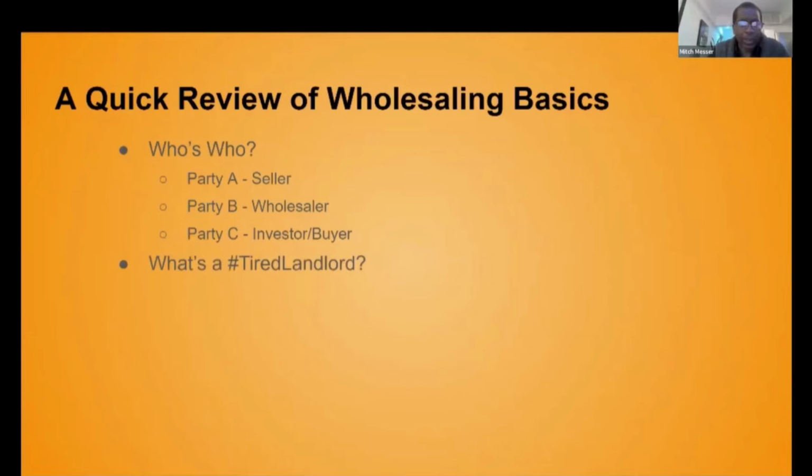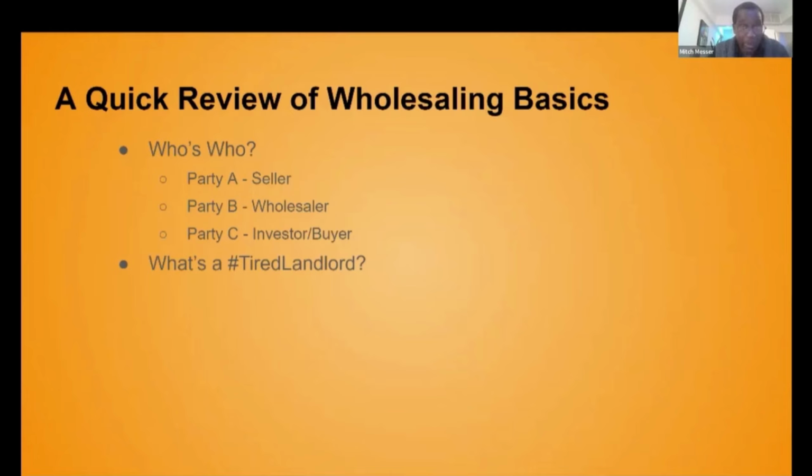What is a tired landlord? A tired landlord we're defining as pretty much what it sounds like. It's a landlord, someone who's got properties out for rent with tenants, and who has a very specific problem, namely that the tenant is no longer paying them rent. The landlord has filed what's called an eviction lawsuit to get the tenant out and to reclaim the property.